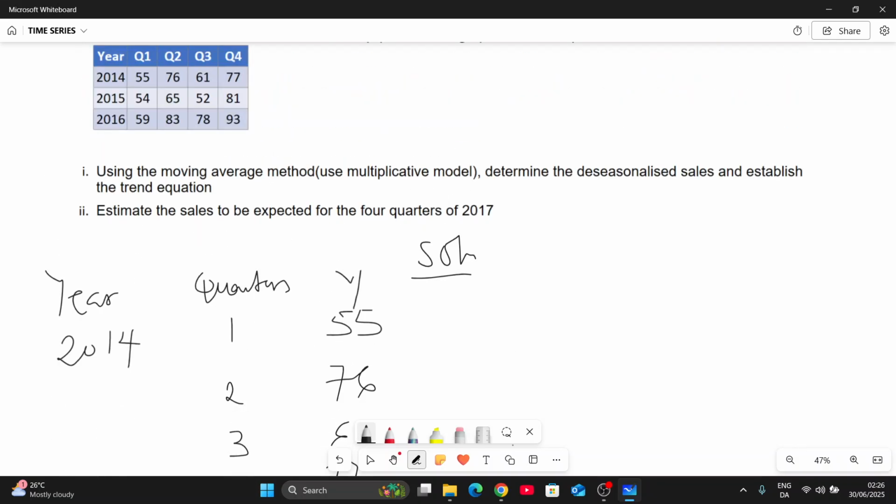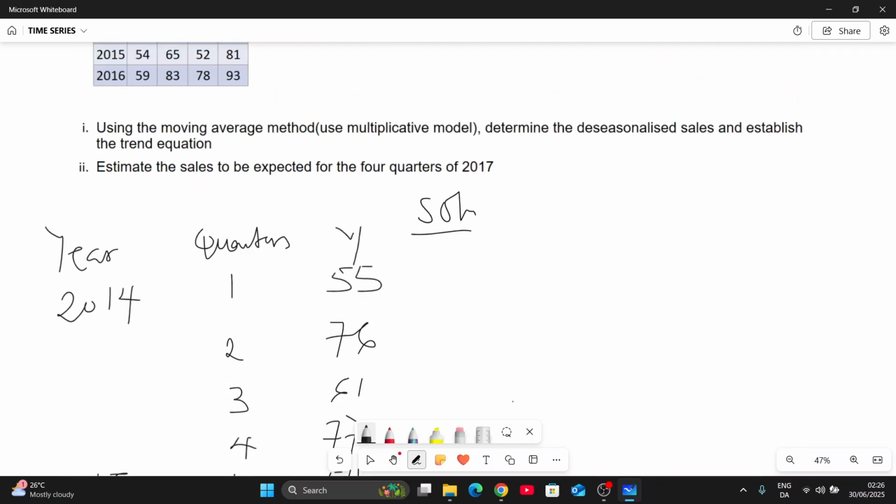Alright, so you have to use the method of moving average. We are going to move in 4, so for a 4 period moving average, and because it's an even number, we find the 4 period centered moving average.